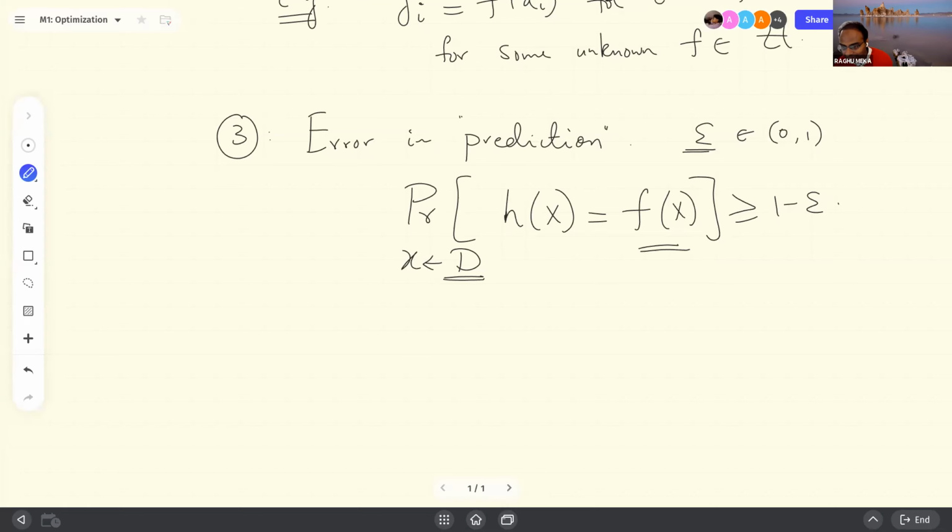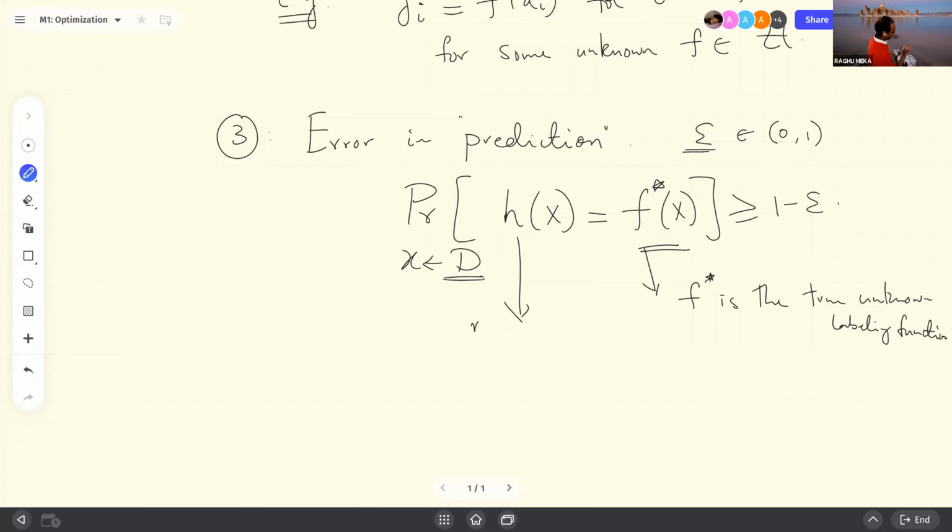There's a question, what is h again? Oh, sorry. So f is the true unknown labeling function. Maybe let me use f star for that, just to make it clear.